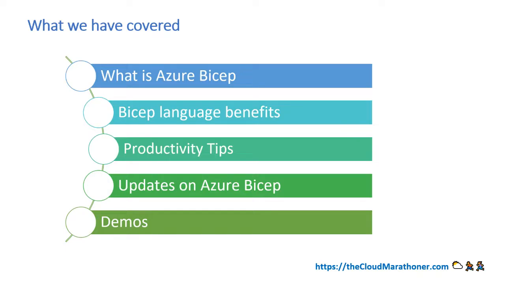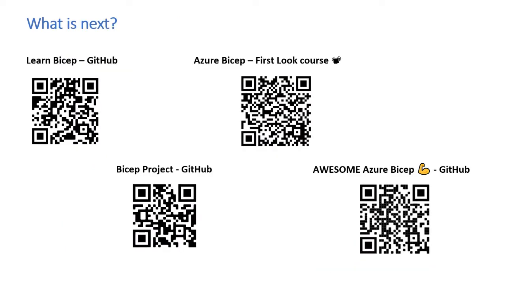Again, in terms of resources, here's a QR code that you can use. On the left, you have this Learn Bicep GitHub repo that I use for the demos and to bring you the information, the workflow pipelines and everything that you saw in the demo. Then here's the first look video course on LinkedIn that you can check out.